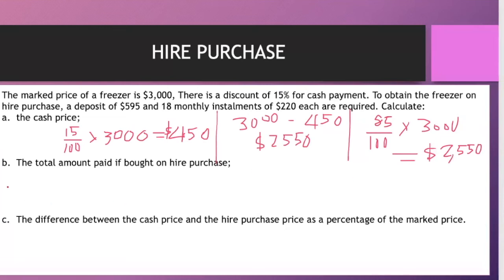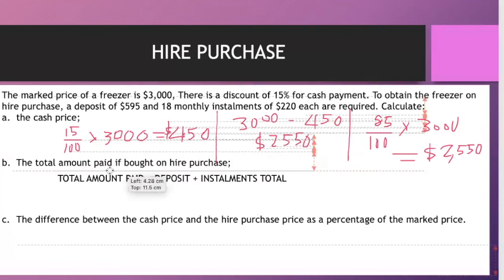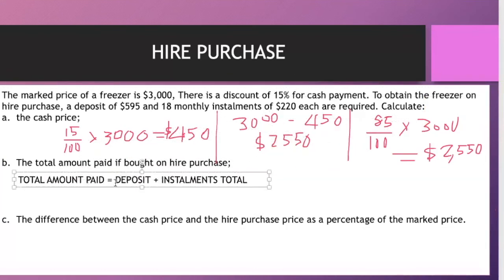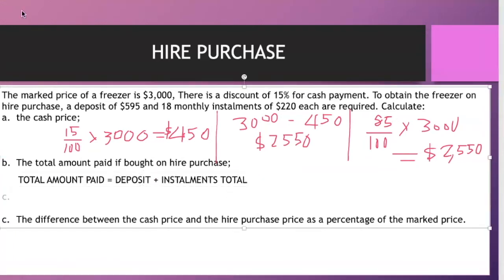Now, the next part says the total amount paid if bought on hire purchase. As we know, if we buy it on hire purchase, the total amount paid is equal to the deposit plus total installments. Looking at this, the deposit is $595. So I'm going to write $595 here.